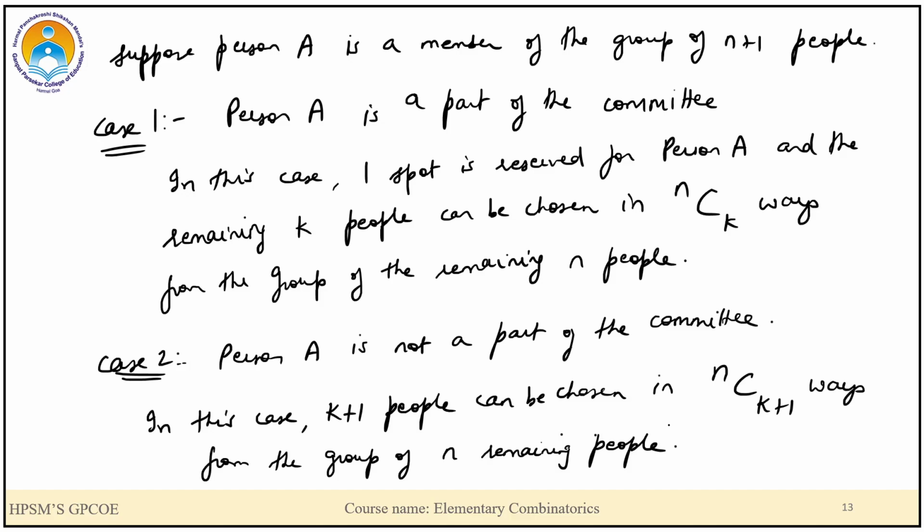Now again, like in the previous example where I showed you a combinatorial argument for 2 raised to n equals the sum of all the binomial coefficients, these two cases are also disjoint, meaning a person cannot be a part of the committee and not be a part of the committee at the same time. It's impossible. Which means whatever is counted on the left hand side is also counted by the right hand side.